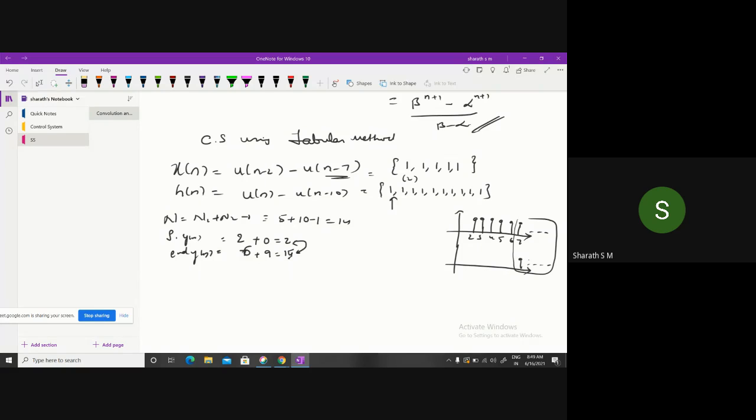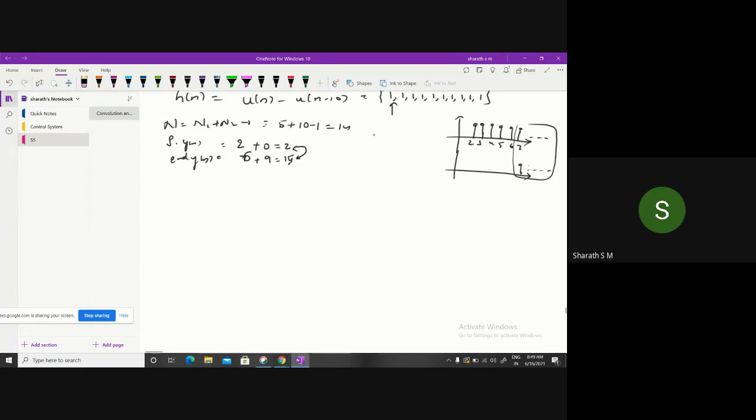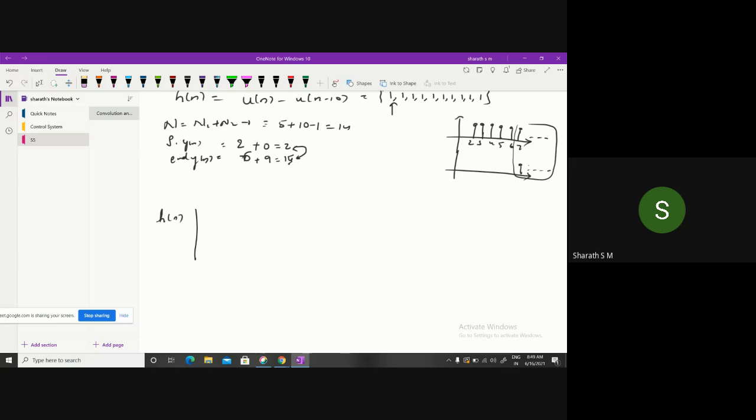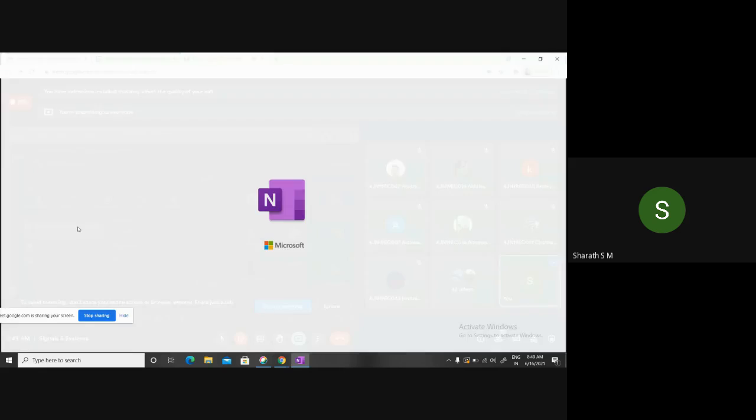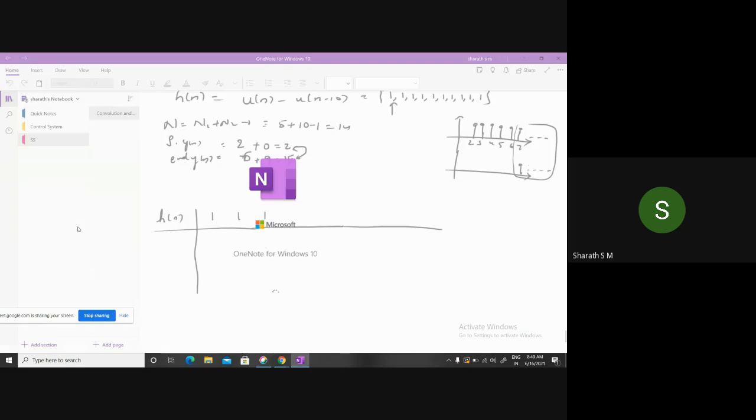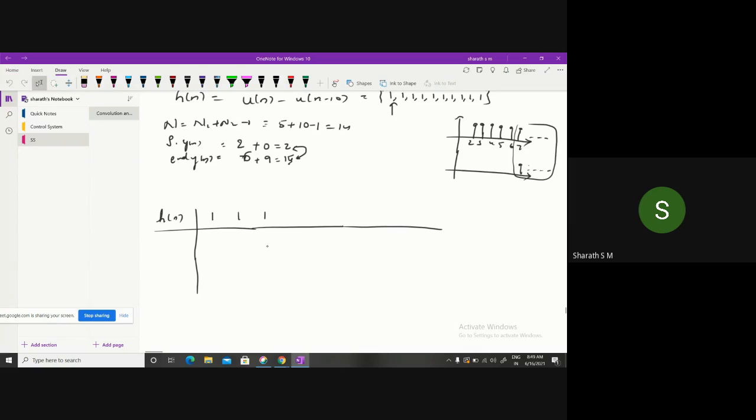Now we need to do the tabular method, which indicates whatever we did in the verification part. With respect to columns, we need to write down h of n: 0, 1, 2, 3, 4, 5, 6, 7, 8, 9.